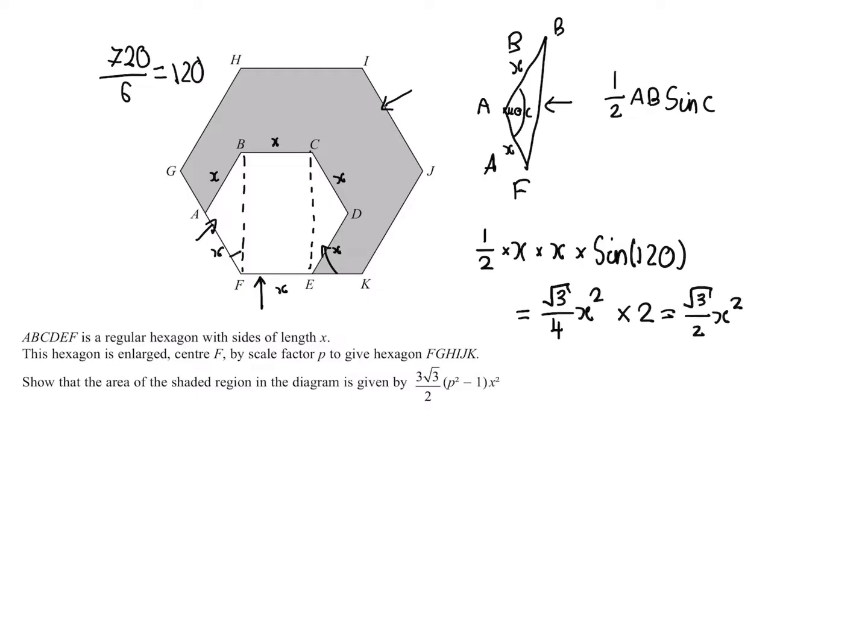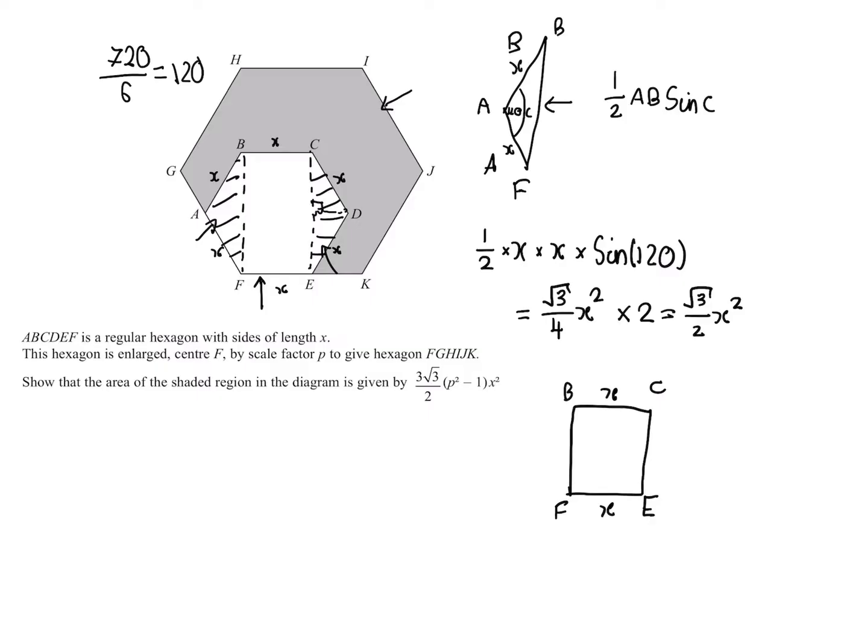So now we found these two areas. All we have left is the area of this rectangle. So let's draw out this rectangle. So we are given that its width is x. However, we don't know the height, but we can find that. If we look at here, we'll have a right angle triangle.